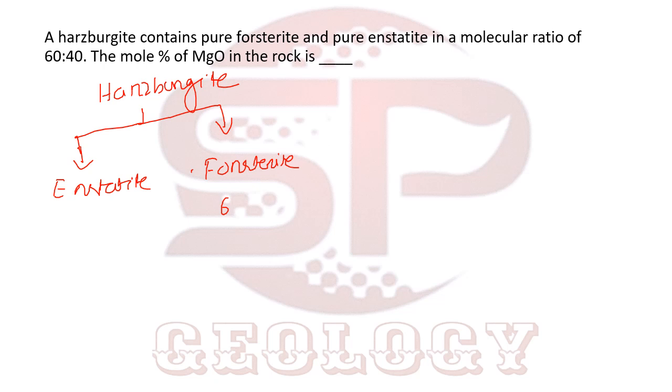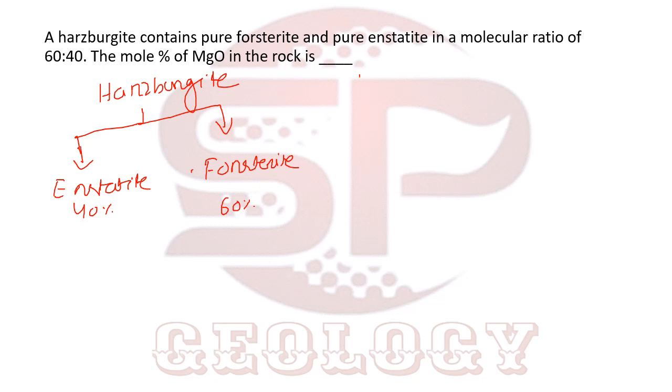So forsterite is 60%, and enstatite is 40%. We have to calculate the mole percentage of MgO in the rock. First we have to calculate the mole percentage of MgO in enstatite and forsterite.